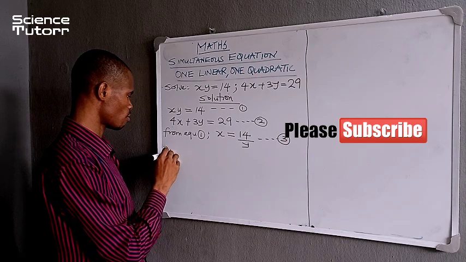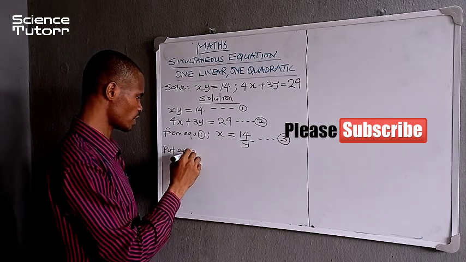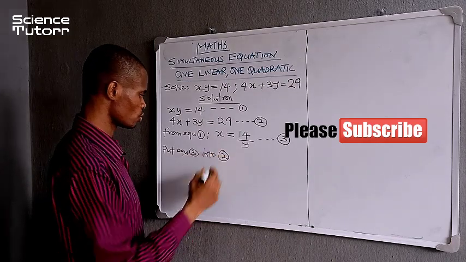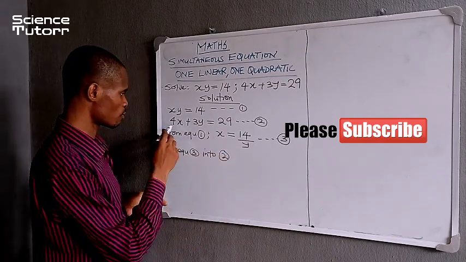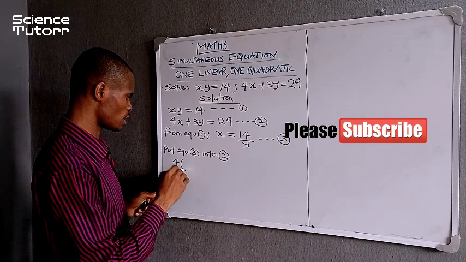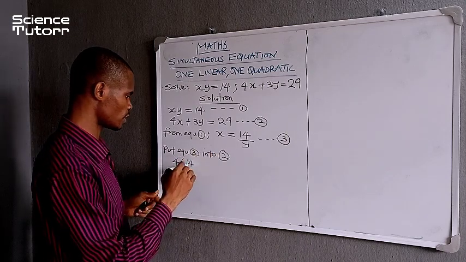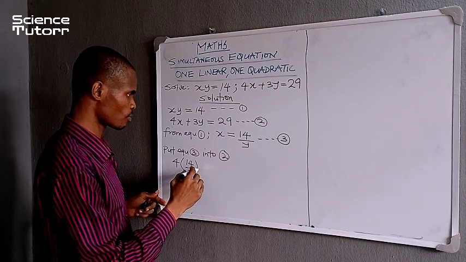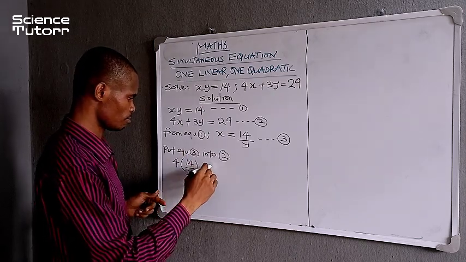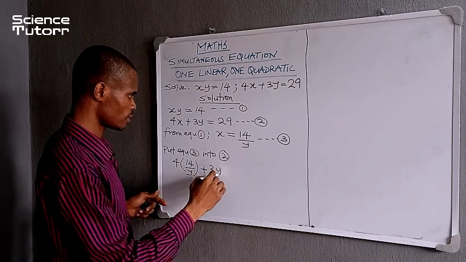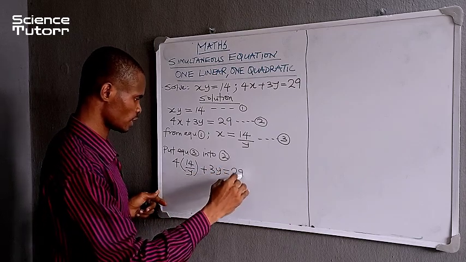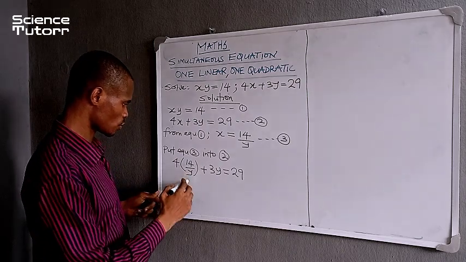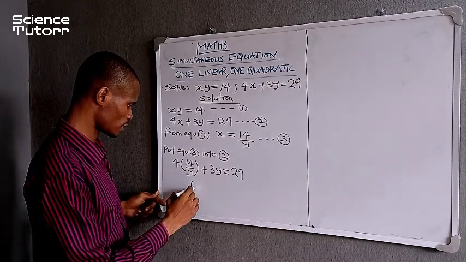Then we say, put equation 3 into equation 2. So that gives us 4, remember, x is 14 all over y, plus 3y equal to 29. So 14 times 4, 4 times 4 is 16, carry 1.